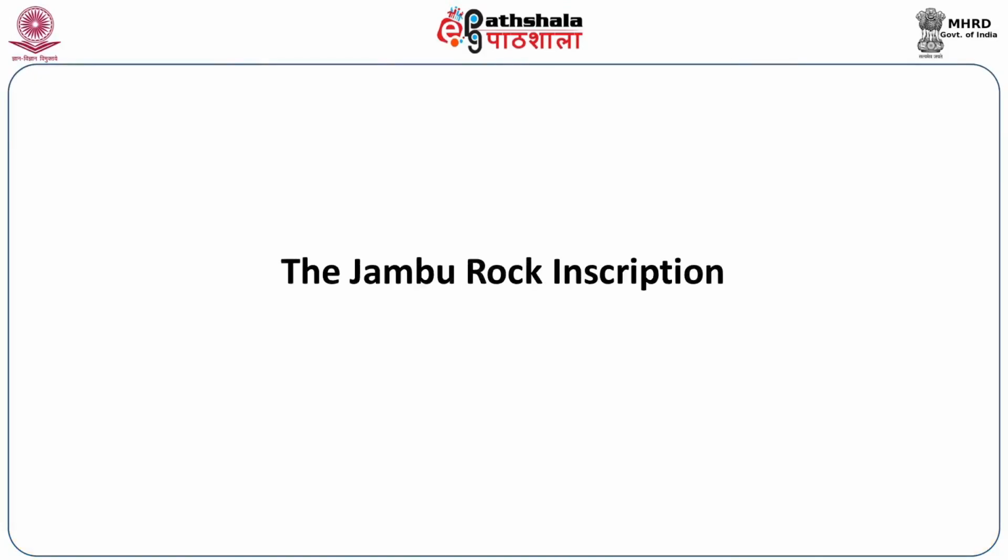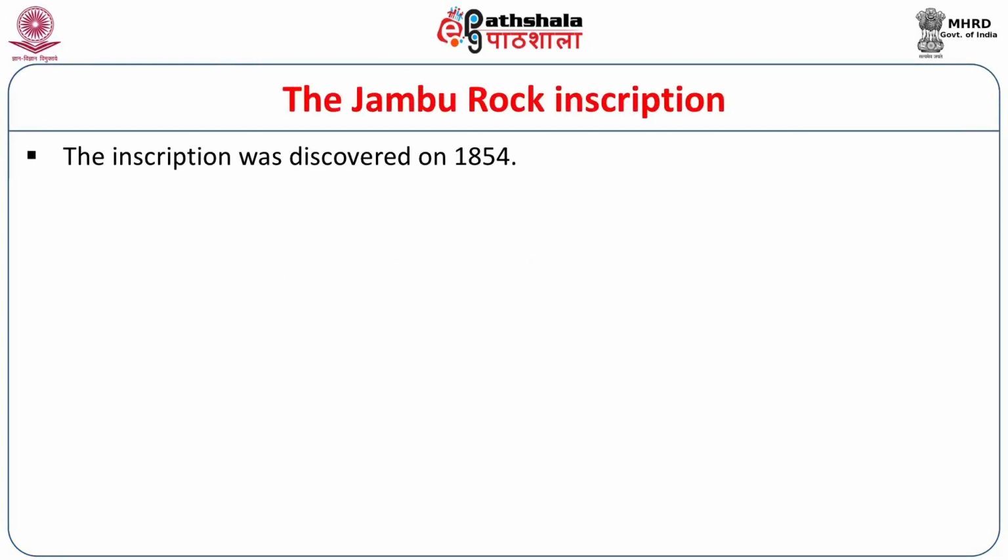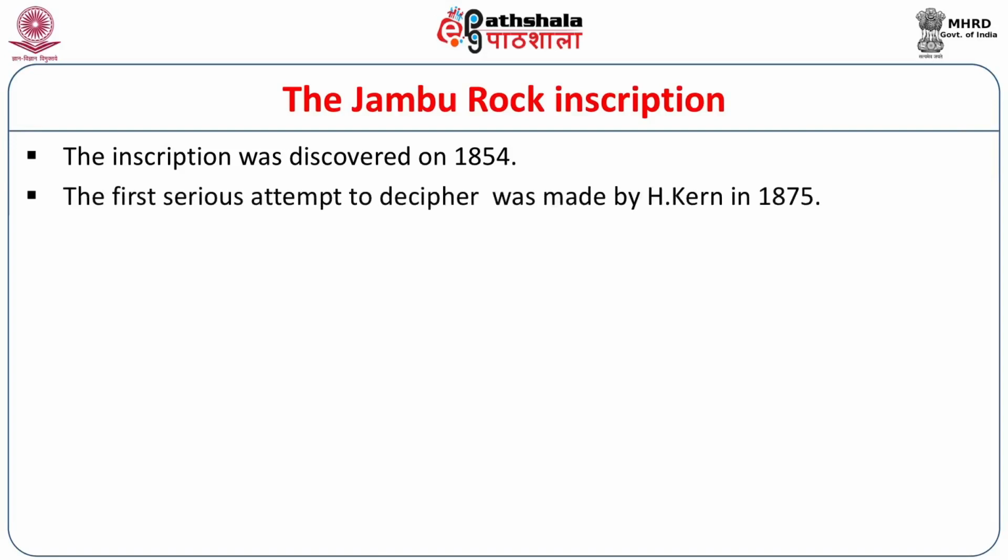Our next inscription is the Jambu rock inscription of Purnavarman also. This inscription was discovered in 1854, and the first serious attempt to decipher it was by H. Kern in 1875.